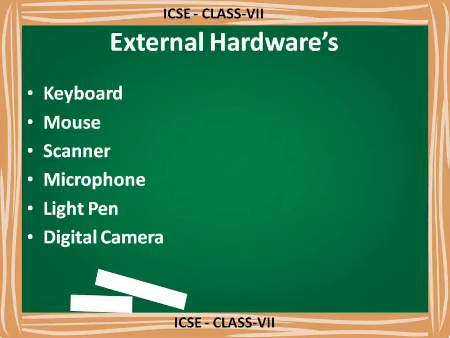The next type is the handheld scanner. I will tell you an example. Most of you have seen this handheld scanner in malls like D-Mart or Big Bazaar. While preparing a bill, the cash counter person scans the barcode from the product.